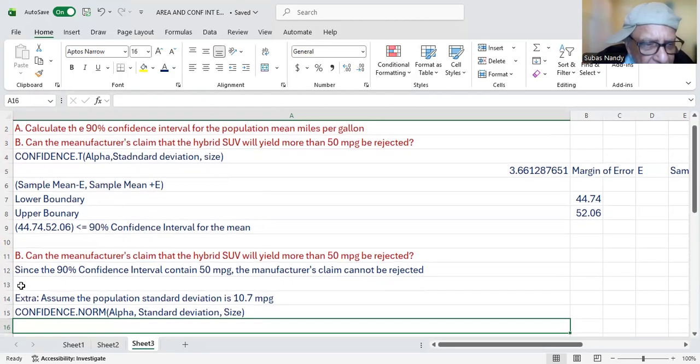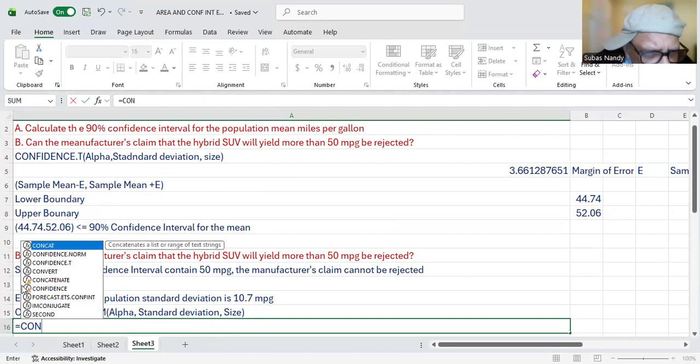So the margin of error is equal to CONFIDENCE.NORM.